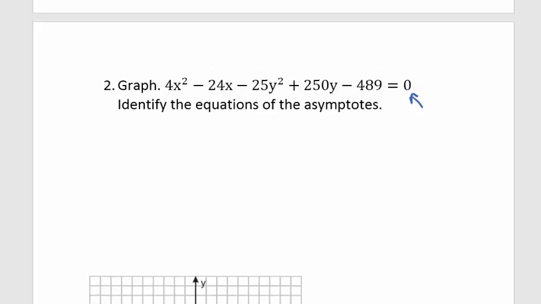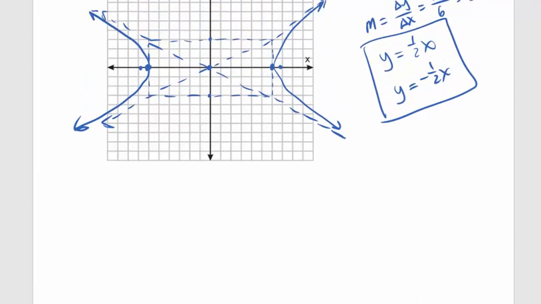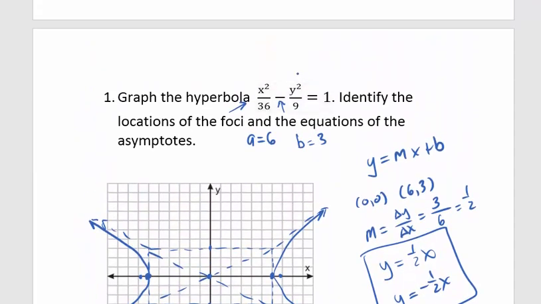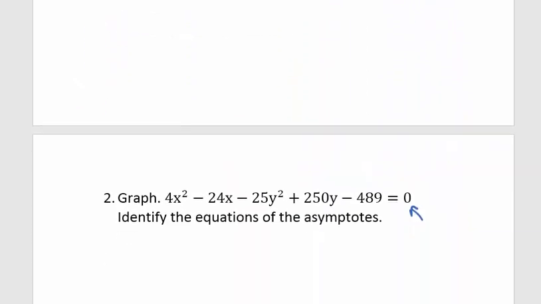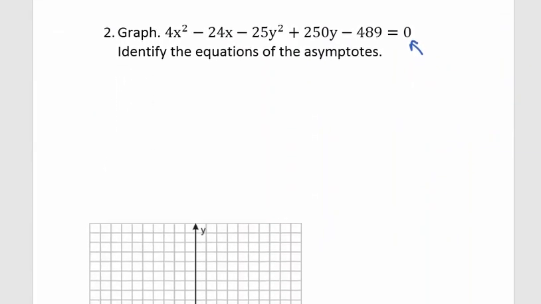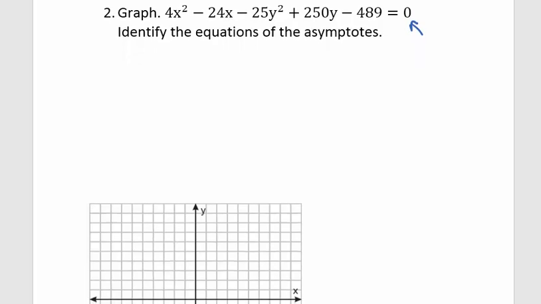So if we scroll back up here, we want this organized like that: x squared over some number, or y squared first as well, over some number, and then equal to 1. So what we're going to have to do in this problem is organize this. Looks like I've already kind of started it here for you.